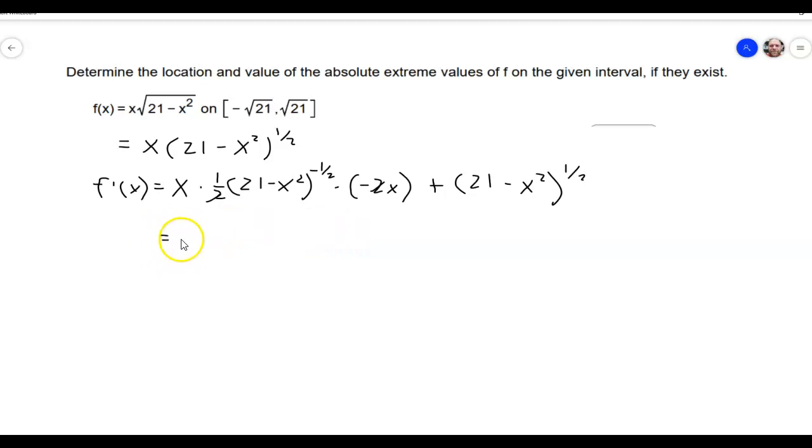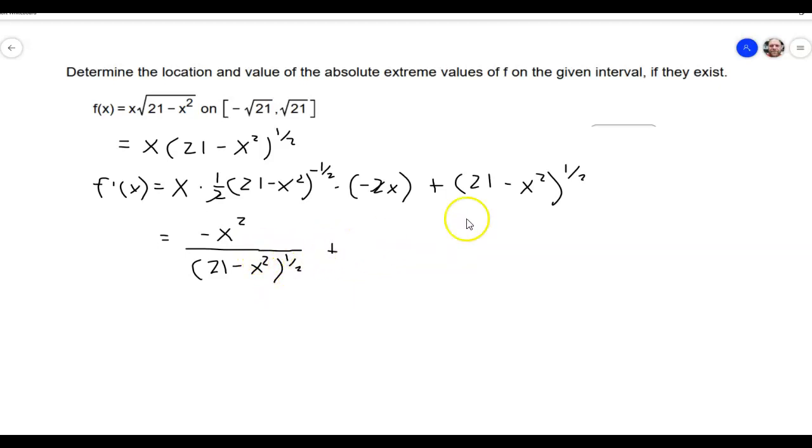I'm going to be left with negative x squared, because it's x times negative x, and we can bring this factor down to the bottom, all over 21 minus x squared raised to the positive 1/2. I did that to make the exponent positive.